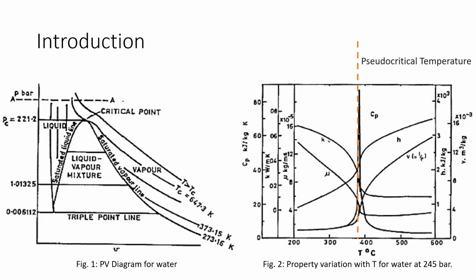We can observe a peak in the specific heat capacity and a significant transition in the values of different properties across this temperature. This temperature is known as the pseudo critical temperature, and it is going to be important as we further discuss this paper.